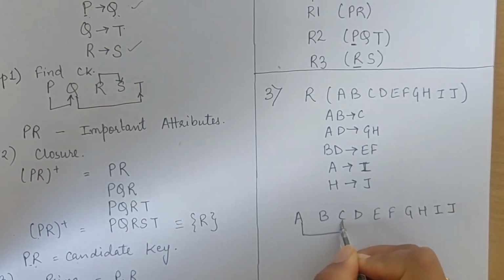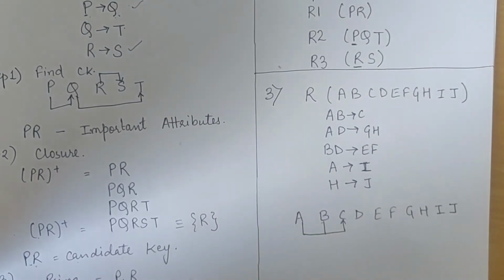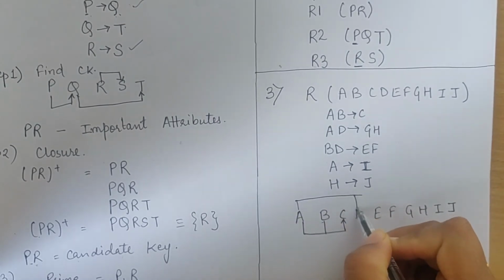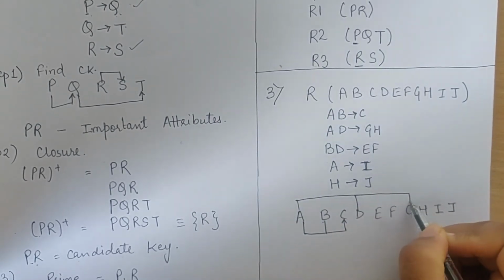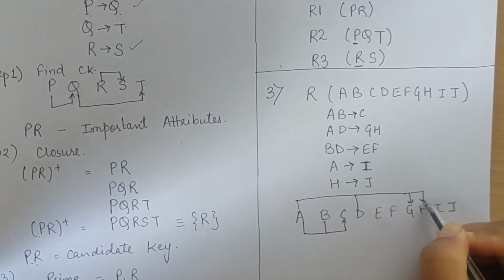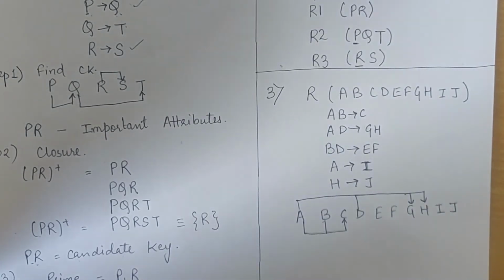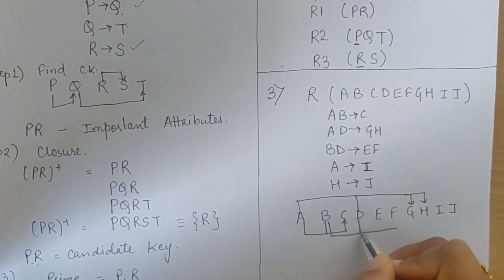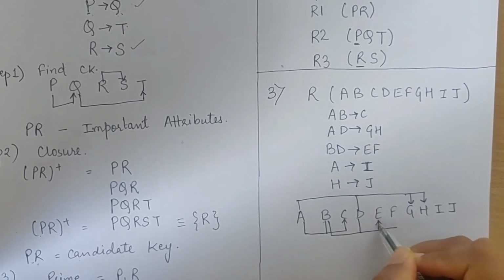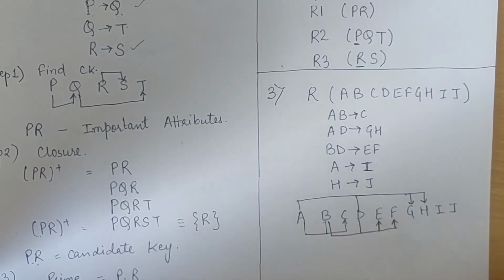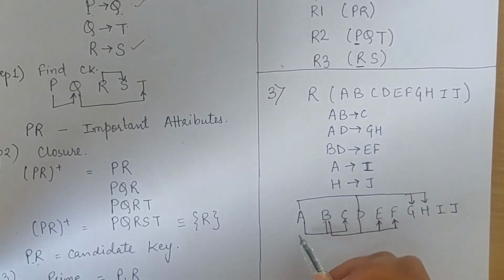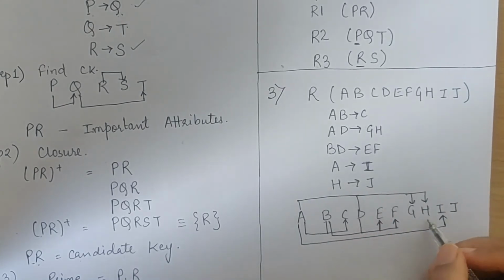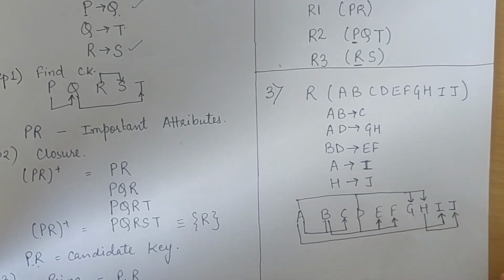AB is giving directions to C. AD is giving directions to G and H. Next, B and D are giving directions to E and F. Okay, this is done. A is giving directions to I and H is giving directions to J.